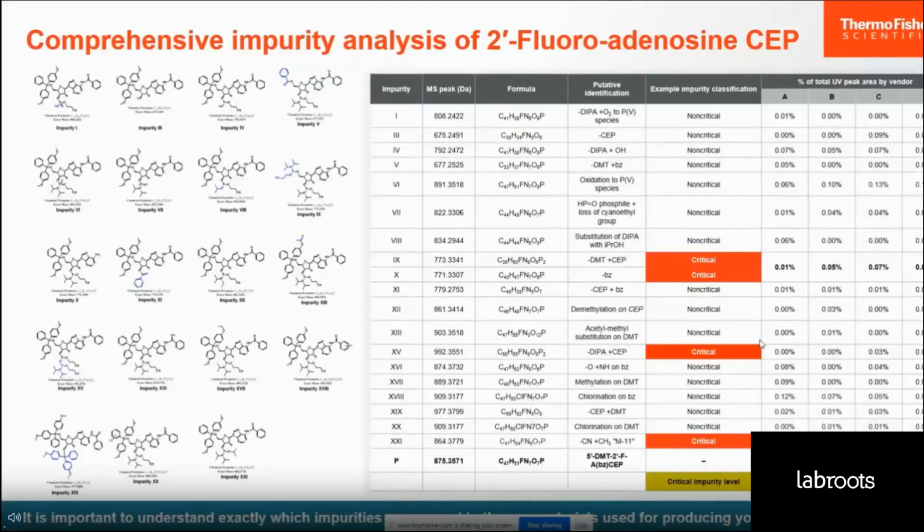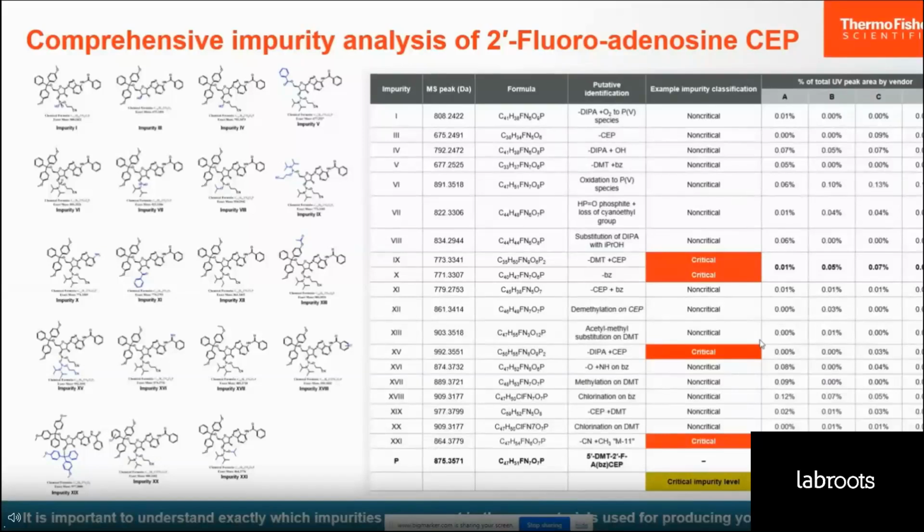The diversity of impurity types also shown, which each functional area of the molecule that we talked about has some type of impurity or modification, whether that be the 5' DMT, somewhere on the base protection, in the 2' modification, or the 3' amidite position, also have potential to introduce impurities.